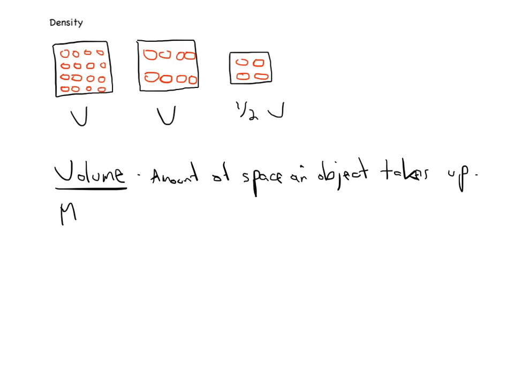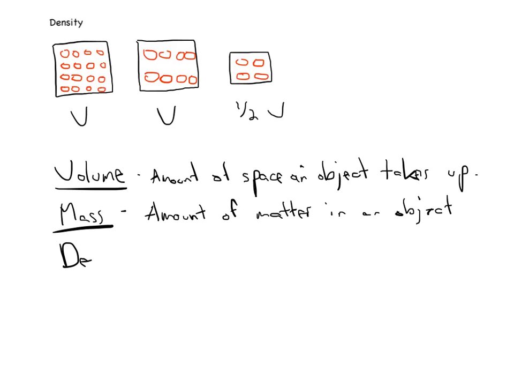And then mass is the second thing, and it is defined as the amount. We could say matter. Some people say stuff. The amount of matter in an object. And density is actually defined. Density. Oh, misspelled it there. Let's go density.